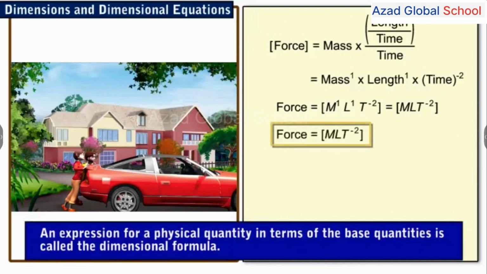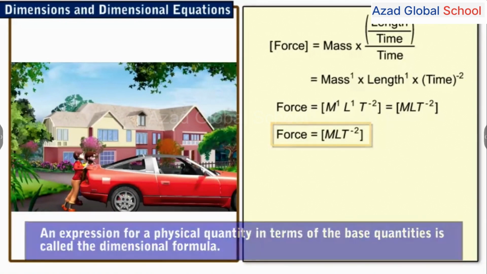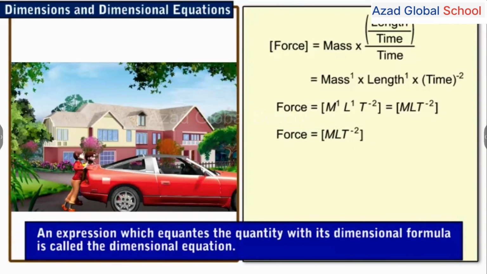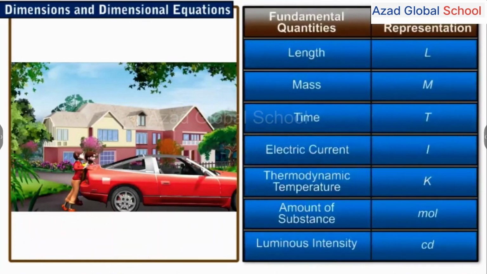Such an expression for a physical quantity in terms of its base quantities is called its dimensional formula. An equation which equates the quantity with its dimensional formula is called the dimensional equation.